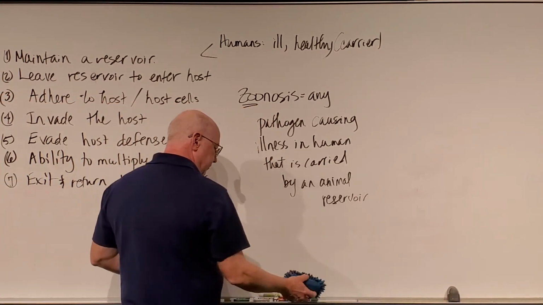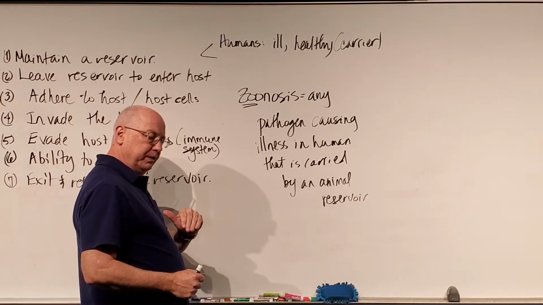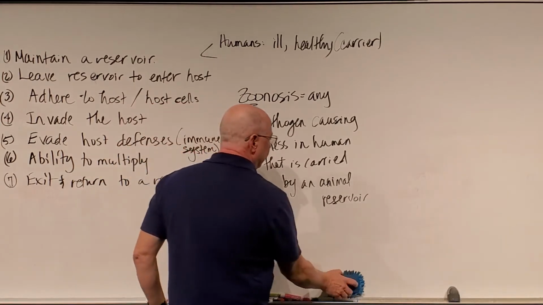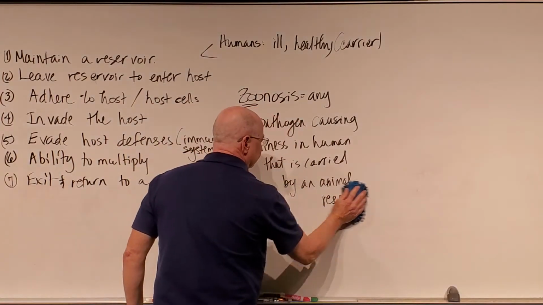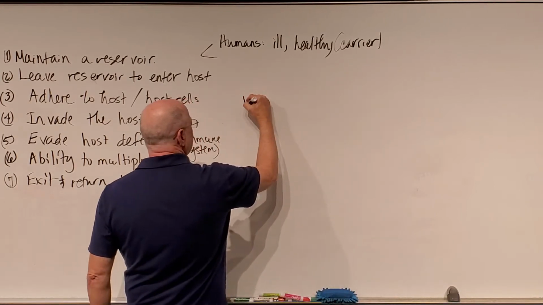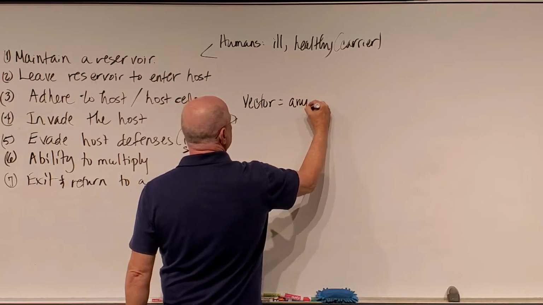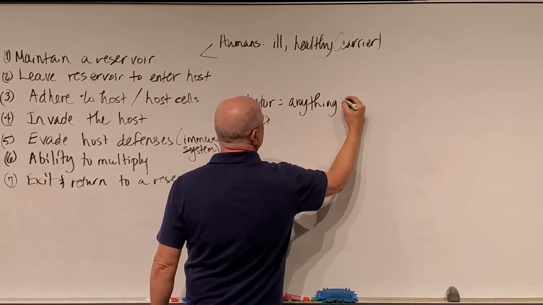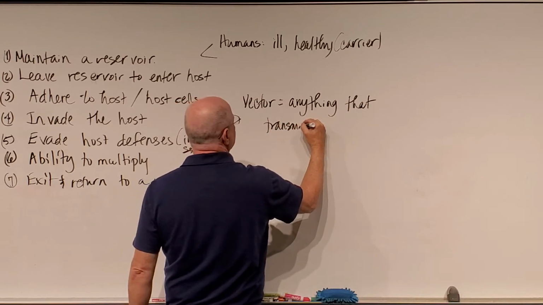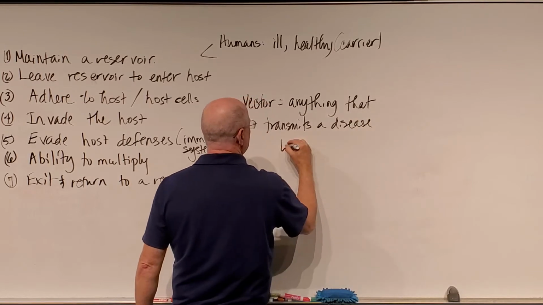Now, finally, there are some organisms that can transmit disease from a reservoir to humans, and we would call that a vector. So I'm going to erase this, and we're going to talk a little bit about the term vector. So a vector is anything that transmits a disease to the host.